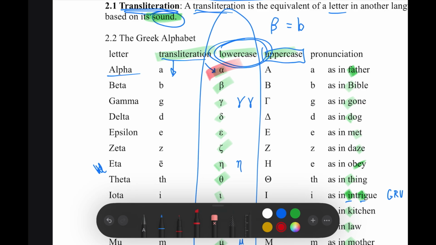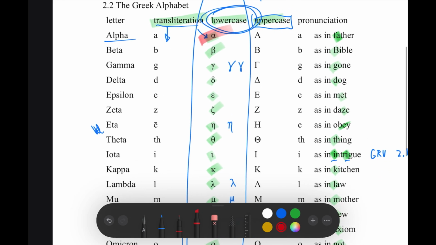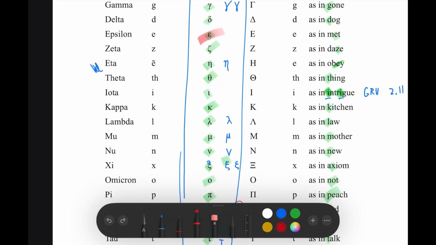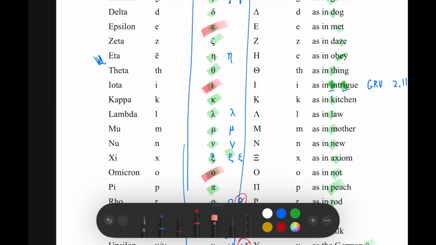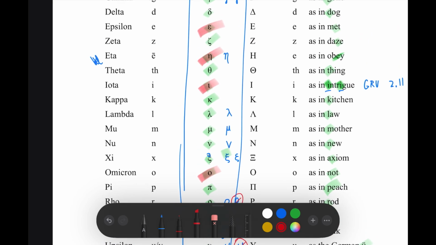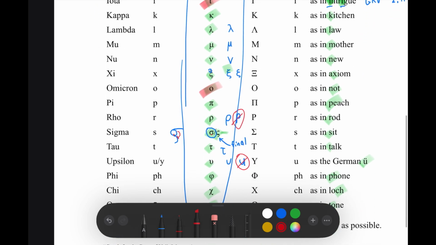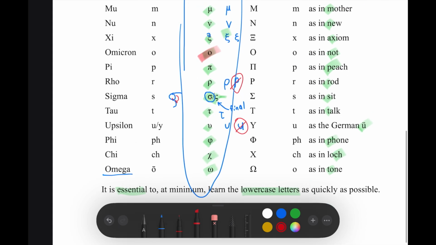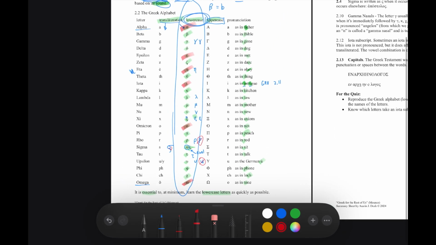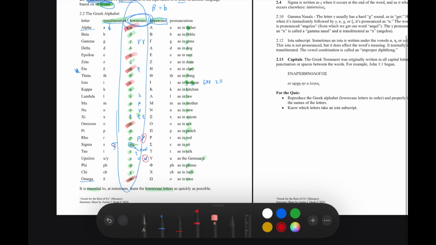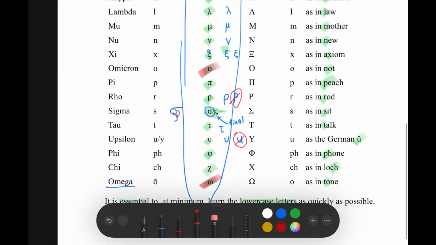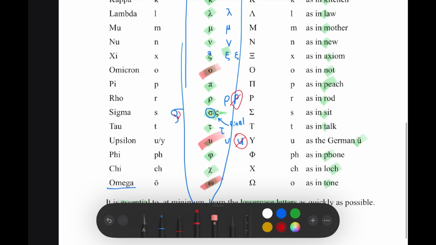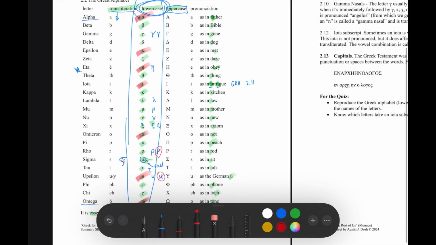That is alpha, epsilon, iota, omicron. Skip the eta. Easy to skip because it looks like an English N. Omicron and omega. I missed upsilon too. There we go.